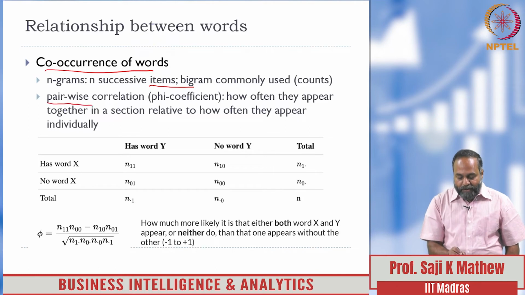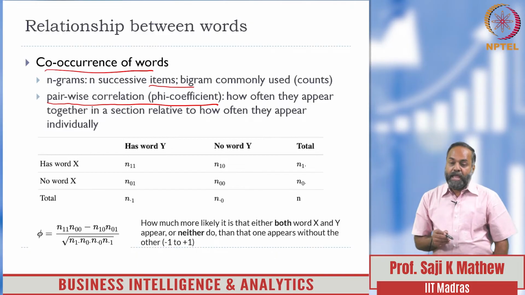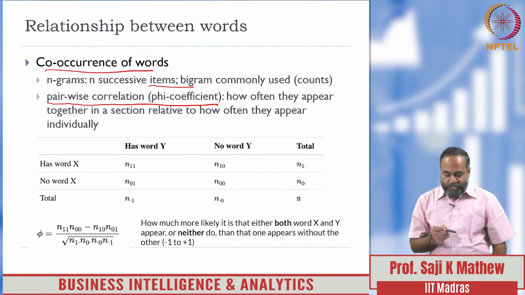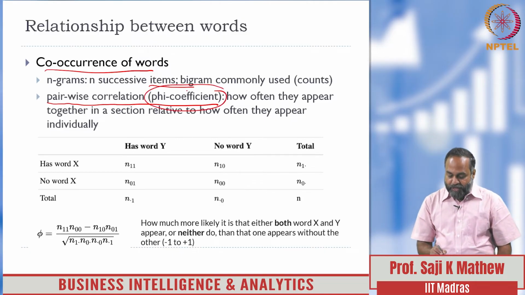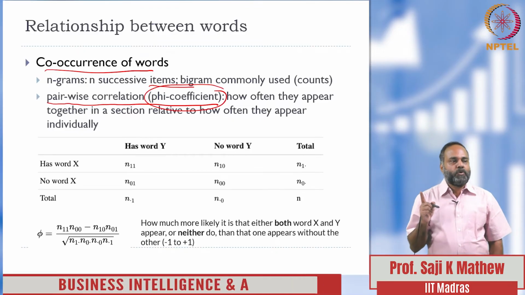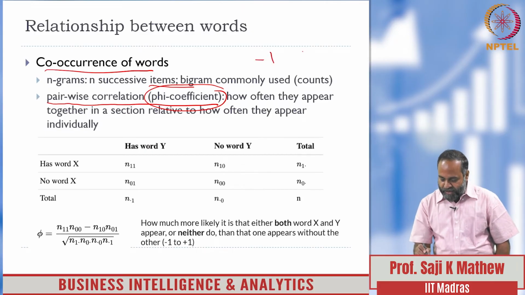There is also a unique measure of correlation, like the Pearson coefficient of correlation for continuous data, that is used in text mining, known as the phi coefficient. Phi coefficient is equivalent to the correlation coefficient in text mining, in the sense that it again varies from -1 to +1.